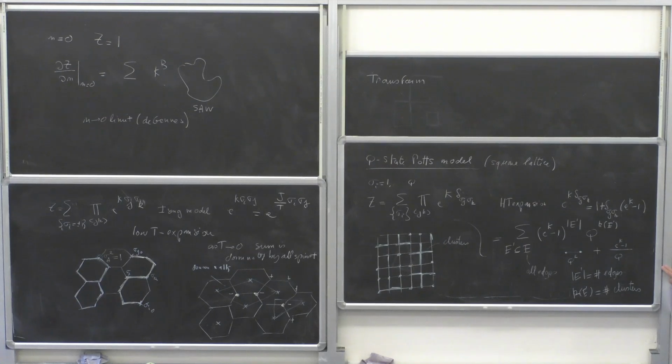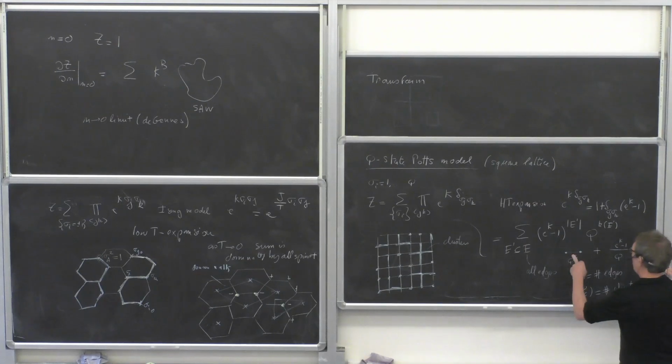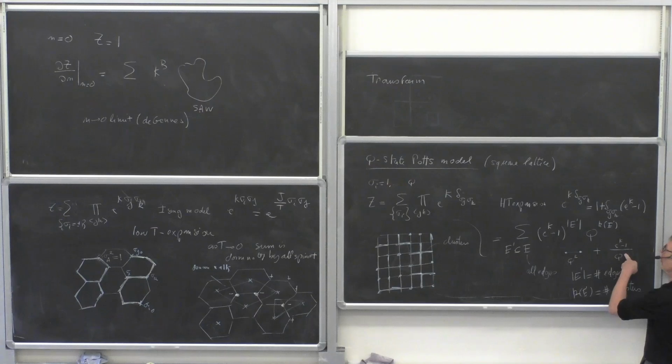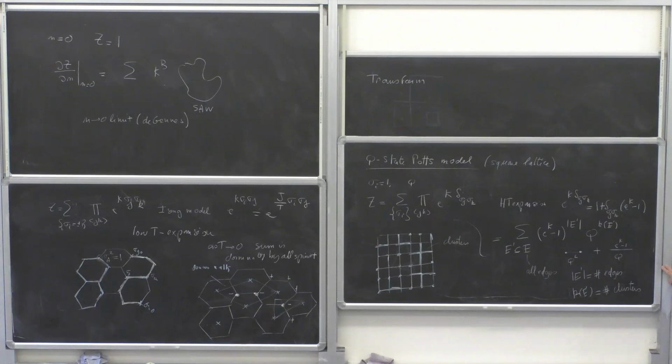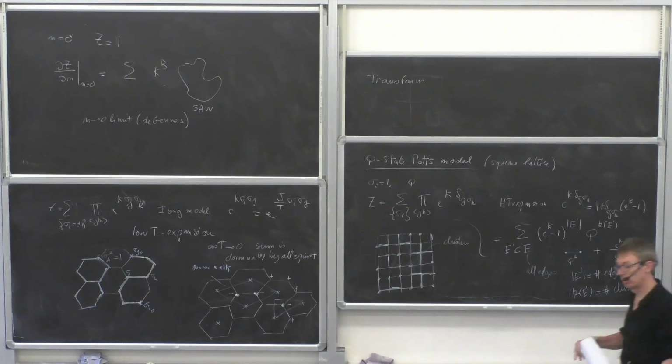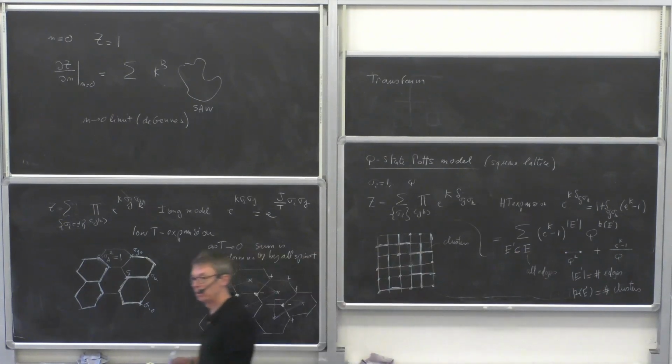Sorry, I don't get you. Here this is subset with no edge, subset with one edge, and for a given subset, e to the k minus 1 to the number of edges, q to the number of clusters, again remembering that an isolated site is a cluster. Does somebody see what's not clear? Perhaps it's e prime equals 0 is the first evolution.